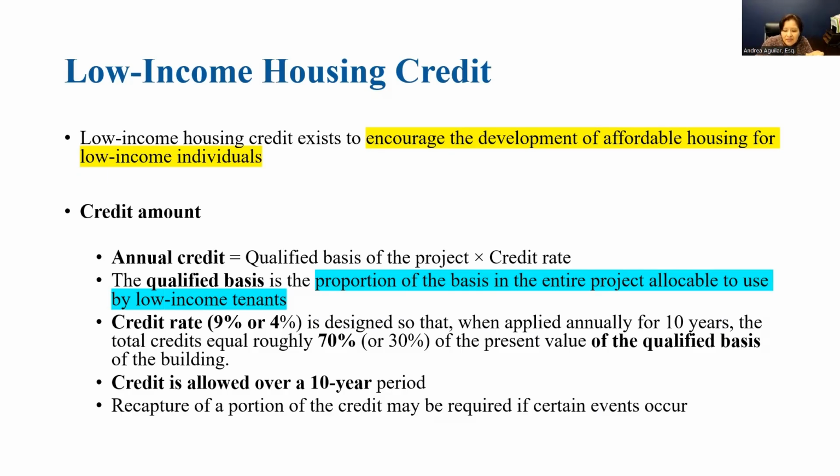This credit rate is something that the IRS publishes annually, and it could be 9% or 4%, depending on the type of property, and it is designed in a way that this credit can be taken over 10 years, and it will be roughly 70% of the value of the qualified basis of a building. So that is something important to remember. The IRS publishes the rate every year.